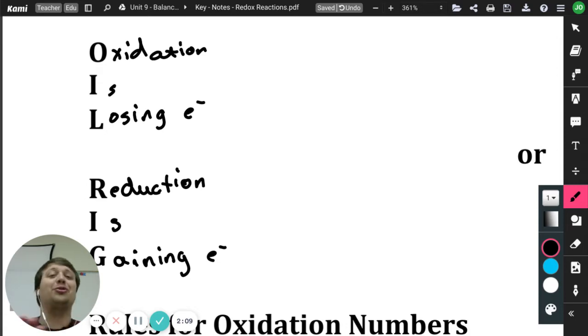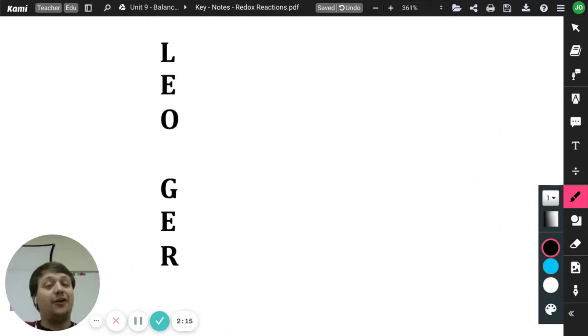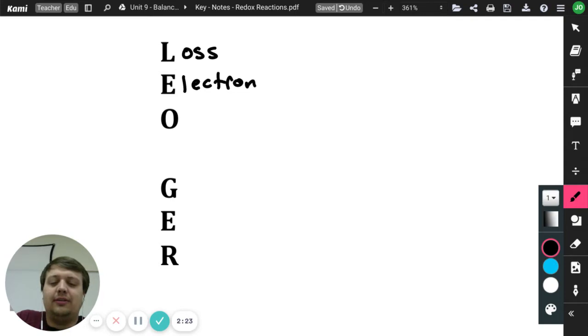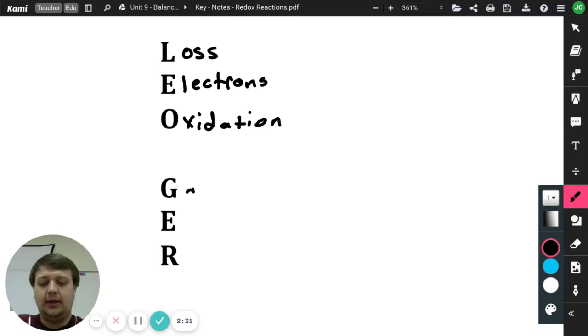This is my personal preference on how I've always remembered redox reactions. The other, LEO the lion goes GER, right? So the loss of electrons is oxidation, and the gain of electrons is reduction.